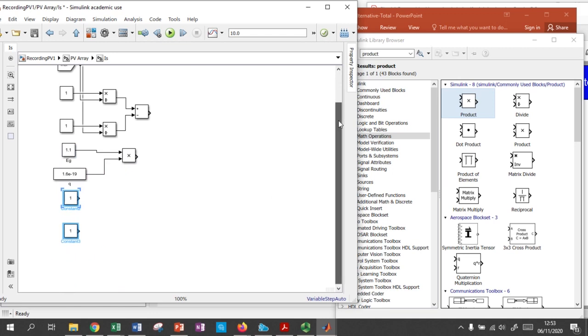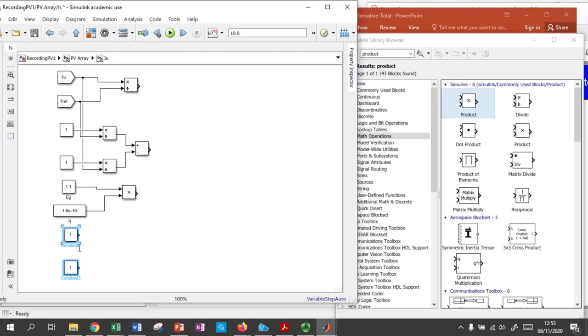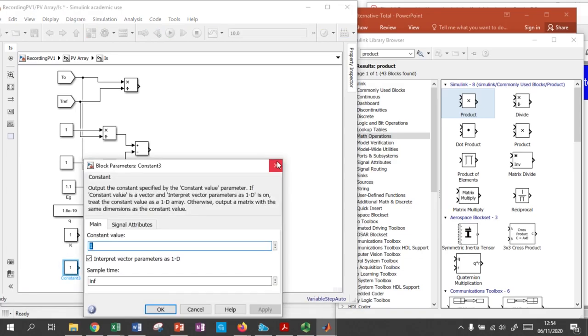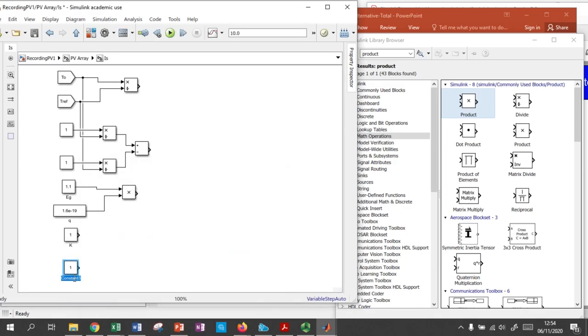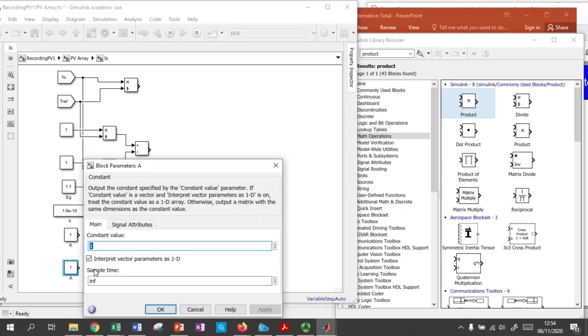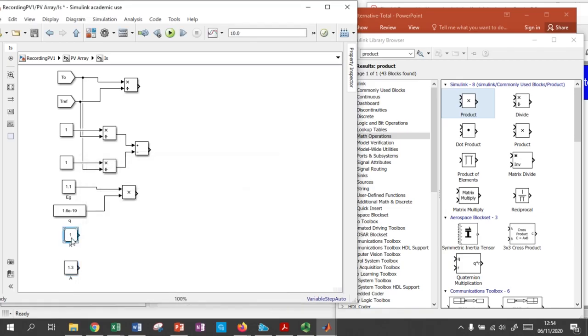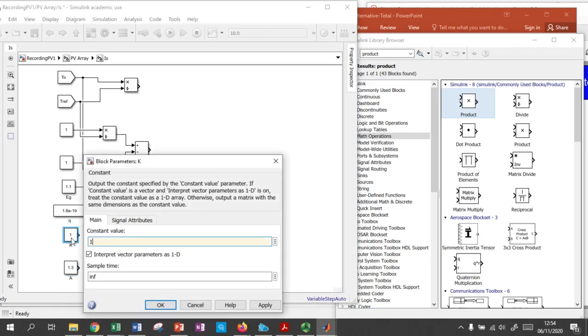Then right now we have all together. What is this value? This is K. It's a value that we know, it's a constant. And the other one is A. Its value is equal to 1.38 e power minus 23.